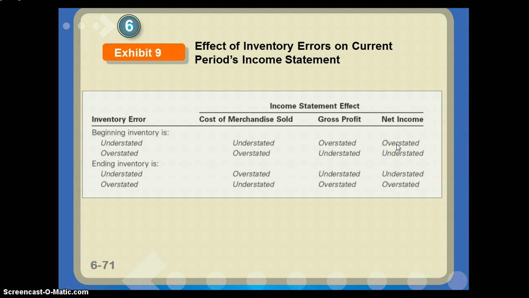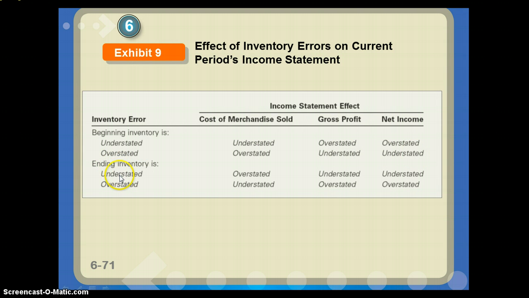You have to think about the formulas we did where your cost of merchandise sold leads to your gross profit leads to your net income. So if beginning inventory is overstated, your cost of merchandise sold is going to be overstated. We said we had too much inventory. Then our gross profit is going to be understated because our costs were too big, so we have a smaller profit leading to a smaller net income.